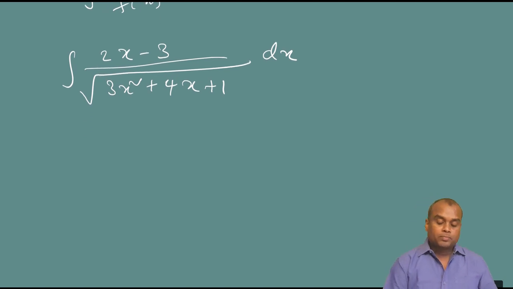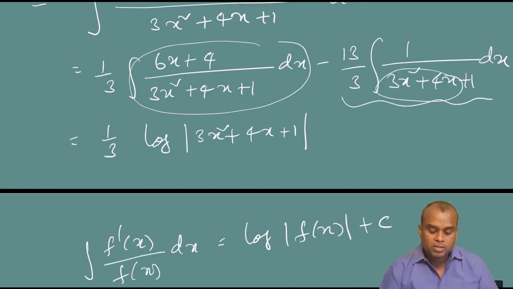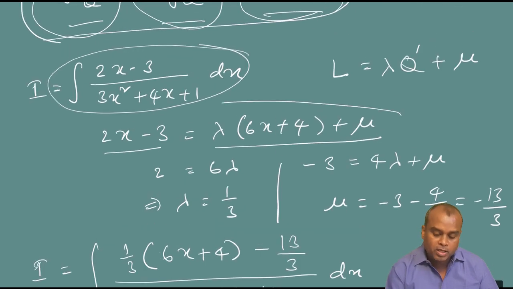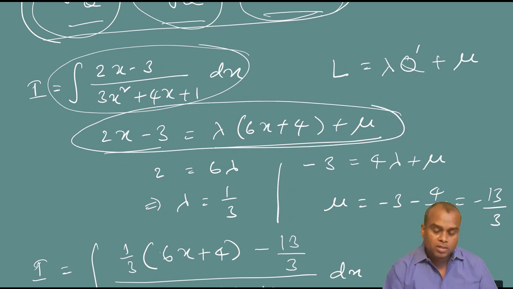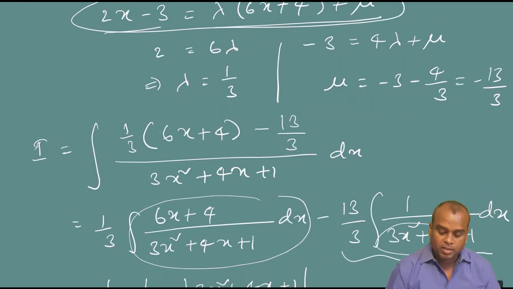Okay, now once again, to evaluate this, I am going to write the numerator as some constant into the derivative of the quadratic plus some other constant. So it is again going to be the same step. So again you are going to have lambda and mu as the same things, 1 by 3 and minus 13 by 3.